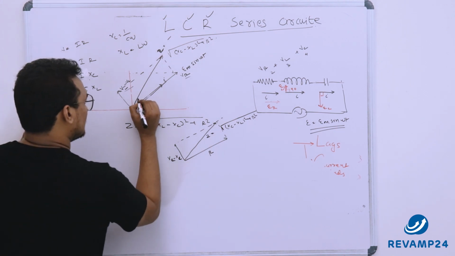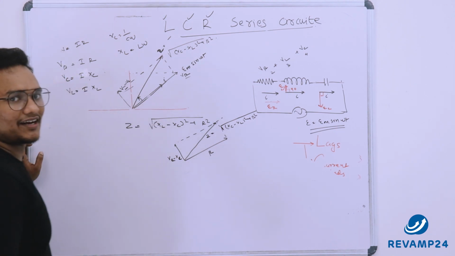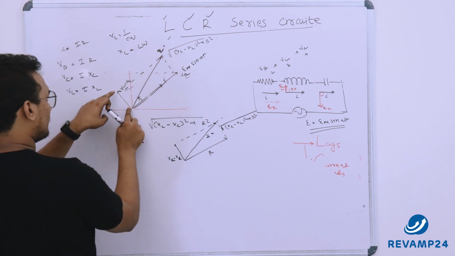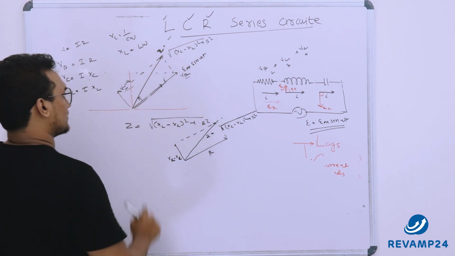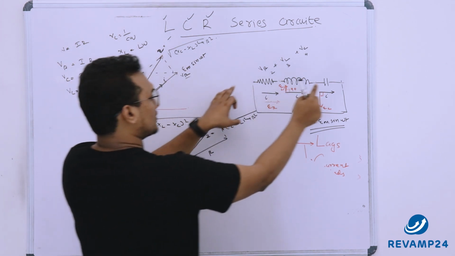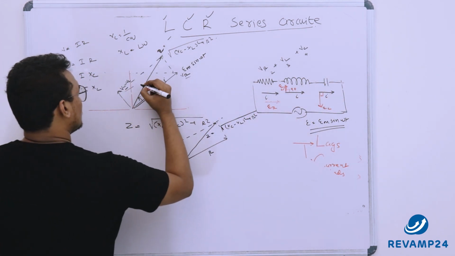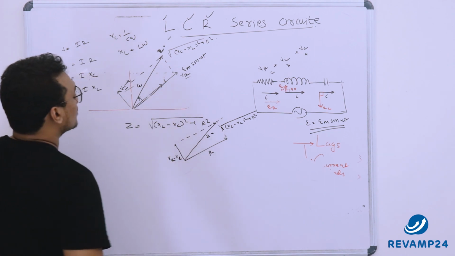Now I got the resultant, right? This is the resultant of VL minus VC and VR, and that is in this direction. Then that is the net potential difference across this. So this is my potential now, EM.